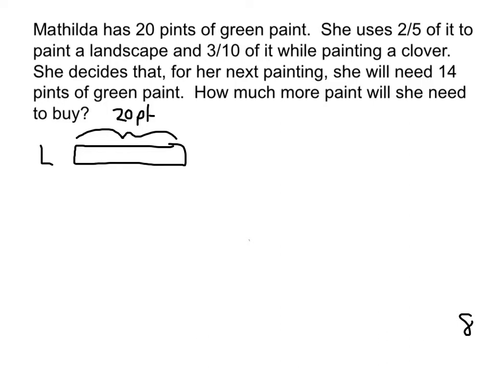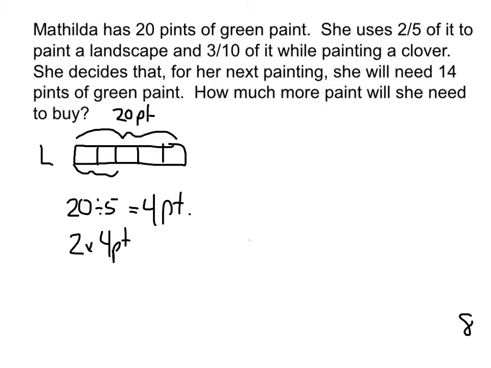I need to break this into fifths, and she's using 2/5 of that. So 20 divided into fifths is 4 pints per unit. I have 2 units, 2 groups of 4 pints. That means my landscape used 8 pints of paint.